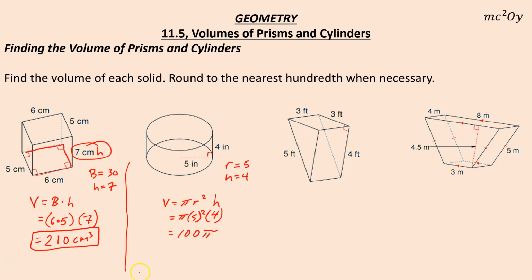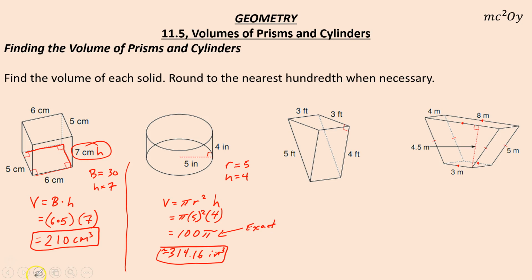And to the nearest hundredth, looks like we're at 314.16. And that is cubic inches. So that's a rounded amount. But if they asked for exact, this would be your exact.